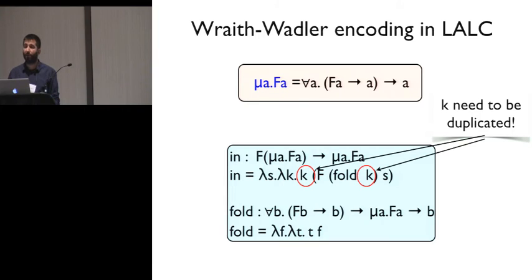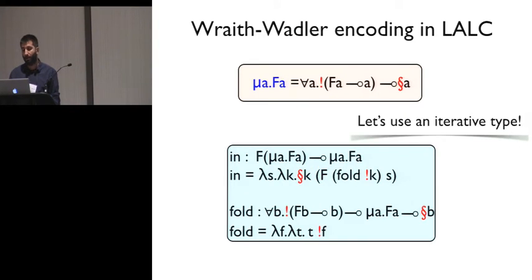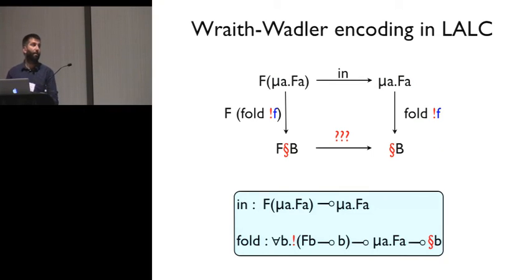So to see if we can do this in our language, we have to try to use the iterative types. So we can add this bang and paragraph everywhere. And this gives us a diagram like the one I pictured here, which is a bit unsatisfactory, because now, if you look at the bottom line, I don't have the algebra morphism F I had before.